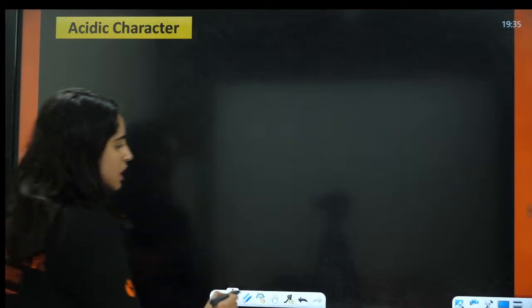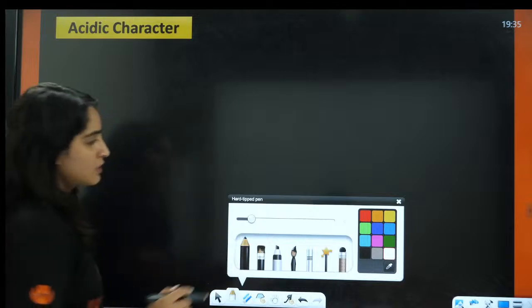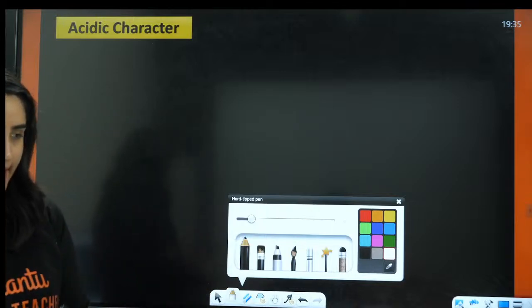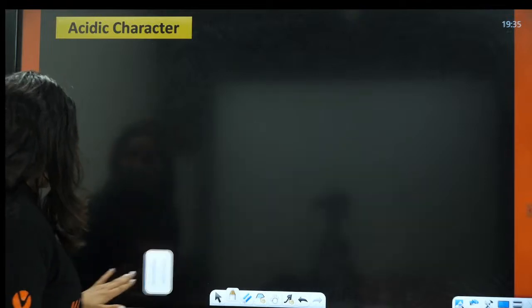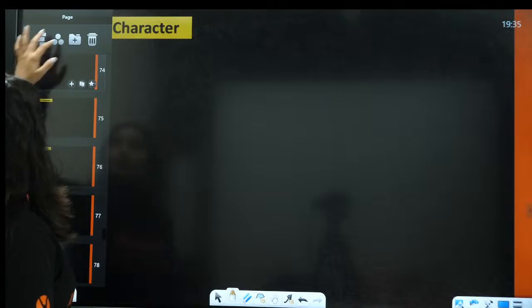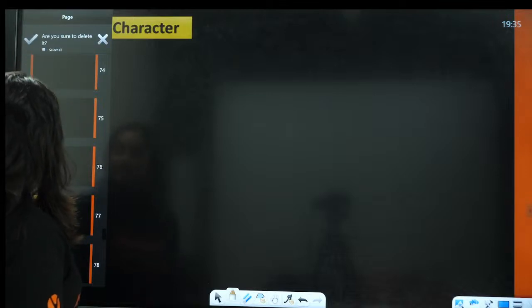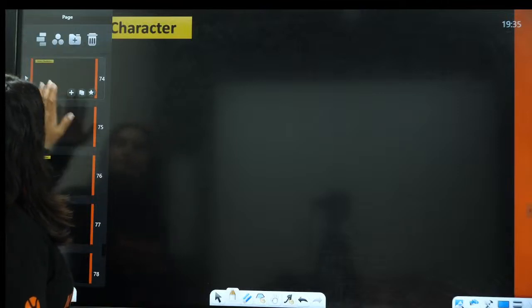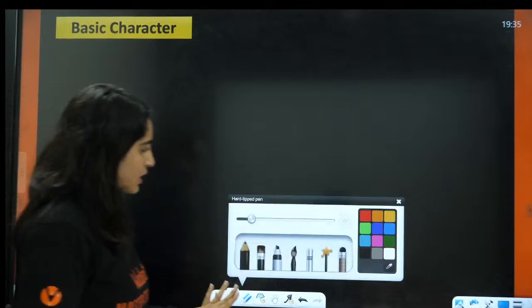Perfect. Understood everyone? Everyone in the chat section, have you understood this or not? After this, we are going to do basic strength. Let us jump to basic strength. Last topic of today's session.